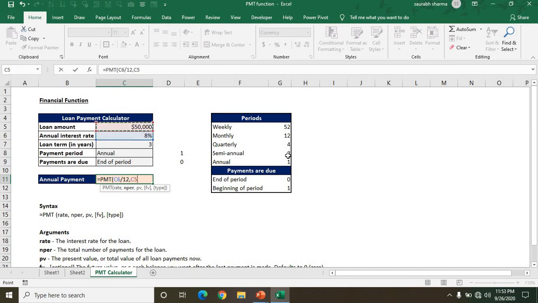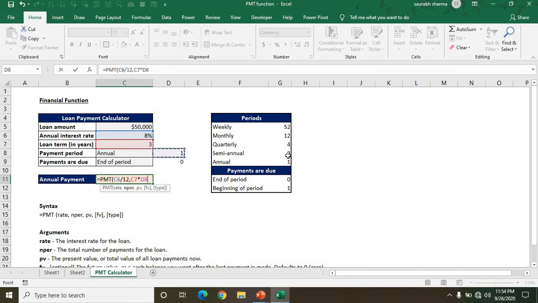Next, they ask for the loan amount. Next is NPER. NPER means the total number of payments. So 3 years, it's yearly, so we have to multiply with this annual payment count.